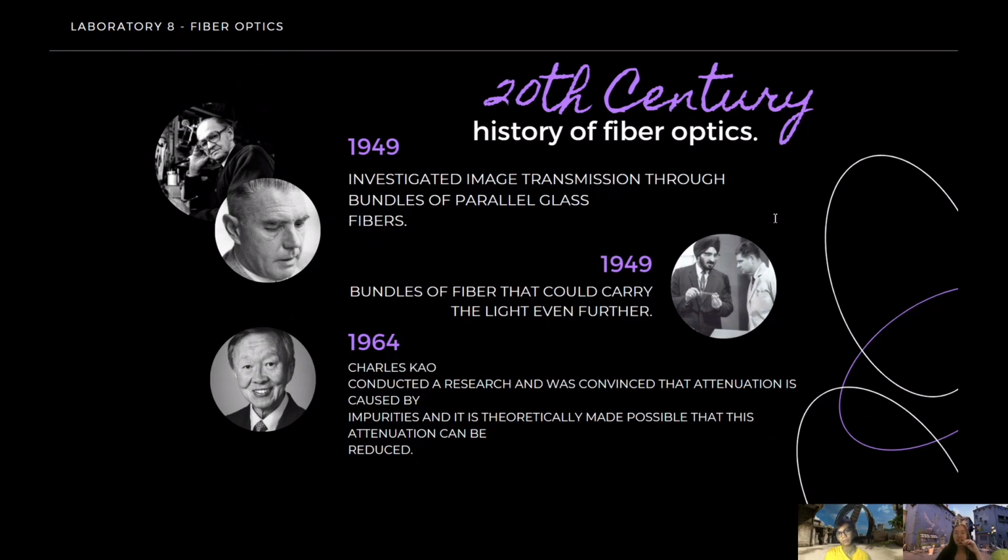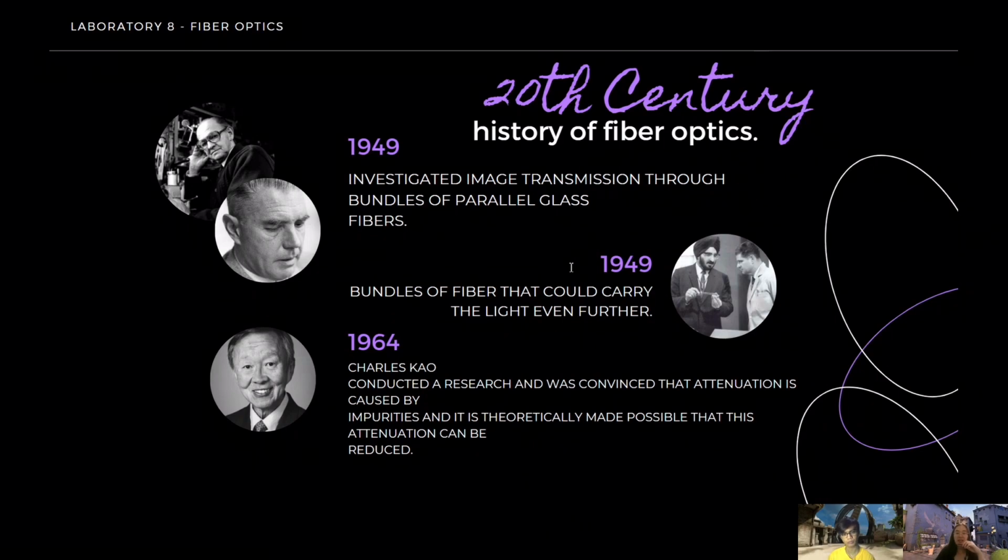And then after that, during 1964, an engineer named Charles Kao conducted research and was convinced that attenuation is caused by impurities, and it is theoretically possible that this attenuation can be reduced. It is shown that in the first years of the evolution of fiber optics, the concept of light was used mainly to transfer information.